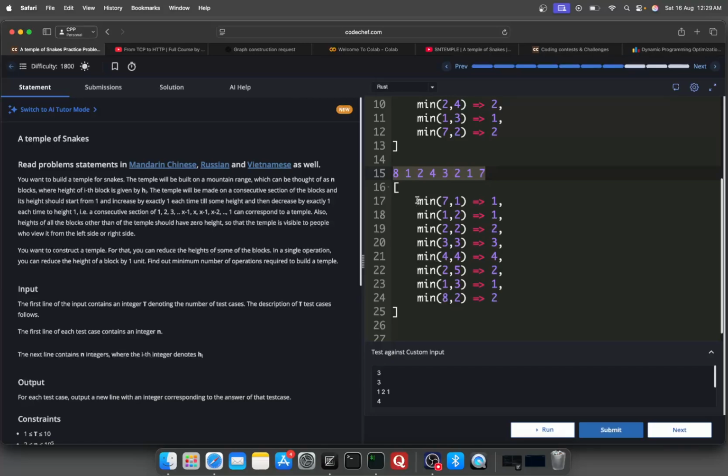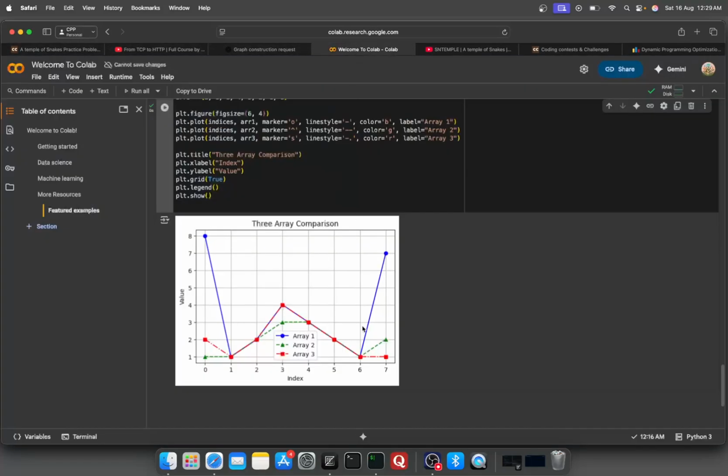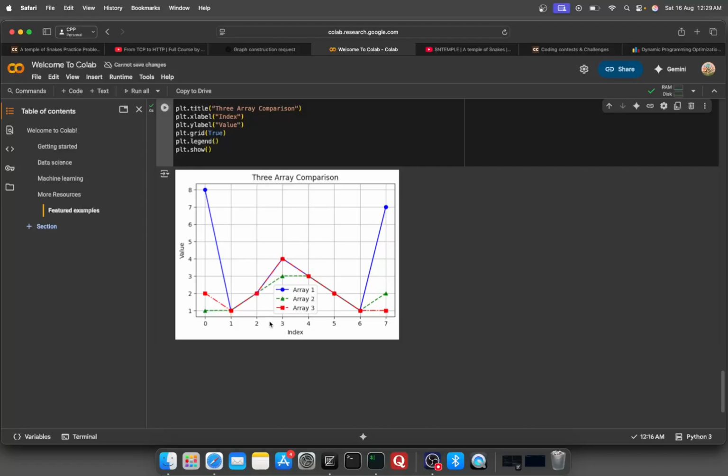After putting these points on the graph, the graph looks like this one. The green one is left to right, and the red one is right to left.